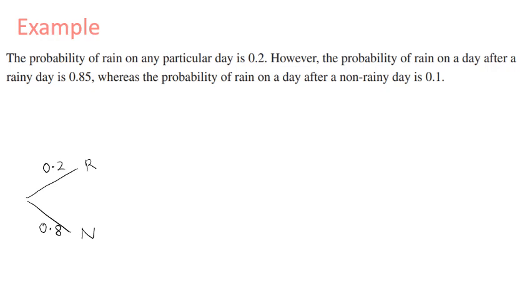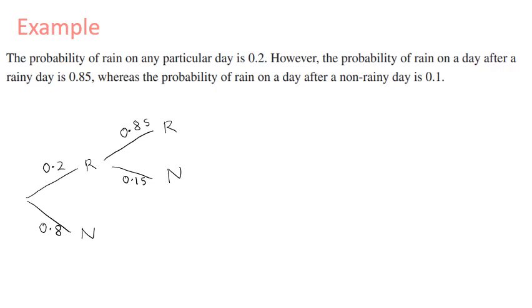Okay, so then the probability of getting rain after a rainy day is 0.85. So after a rainy day, the probability of getting rain is 0.85. So that means after a rainy day, the probability of not getting rain, these have to add up to 1. So 1 minus 0.85 is 0.15.